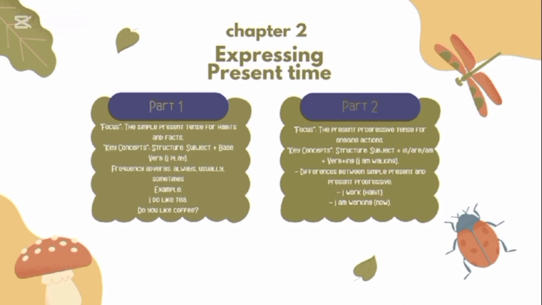And then after that, how does it differ from the simple present? The difference between simple present and present progressive is, for the first one, I work. I work is usually a habit, and habits are always in the simple present tense.